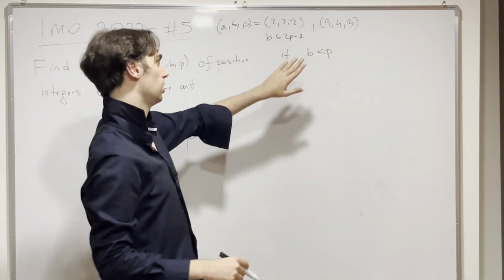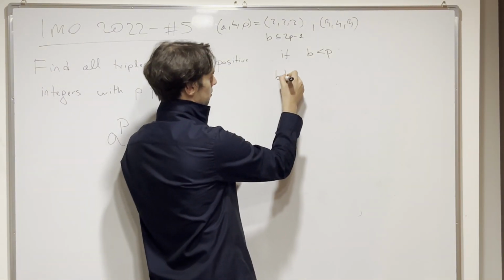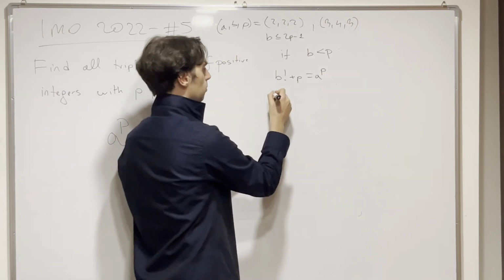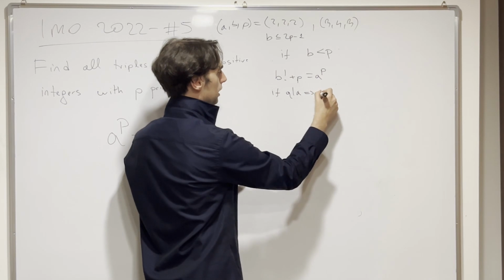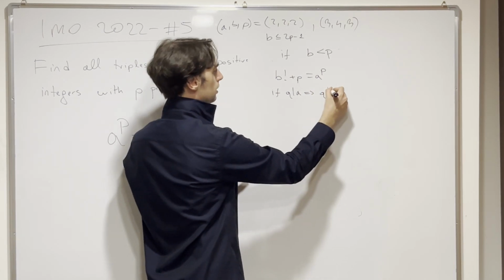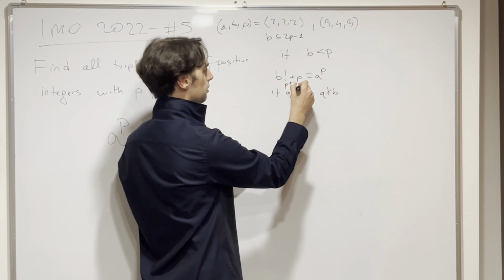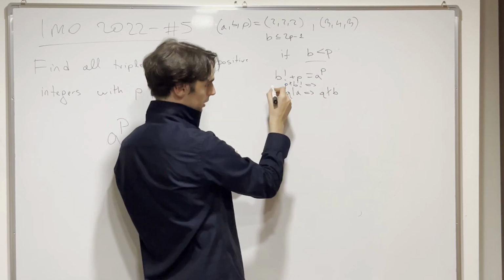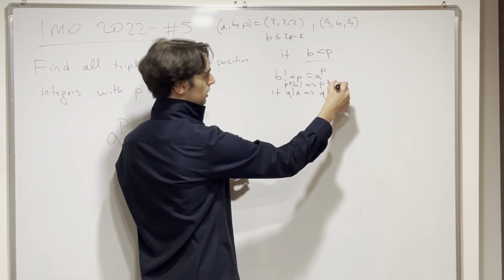Okay, so now let's go. If b is less than p, then b factorial plus p is equal to a to the p. We know that if q divides a, that implies q does not divide b factorial, because p does not divide b factorial, which implies that p does not divide a.